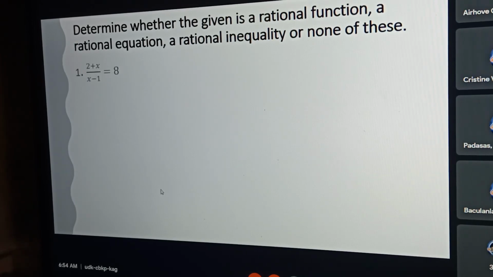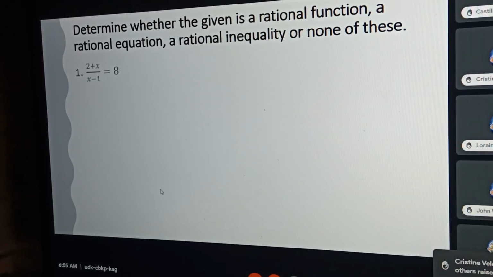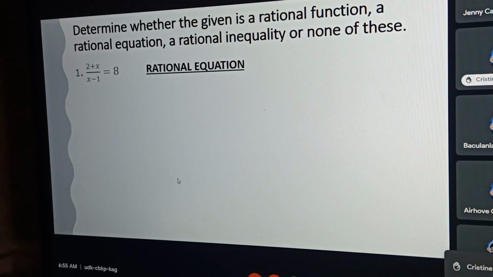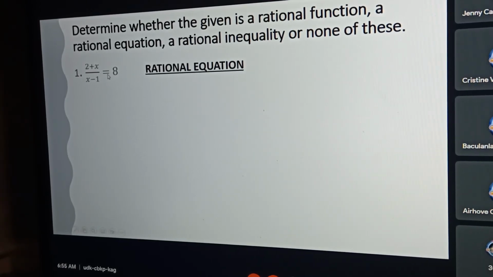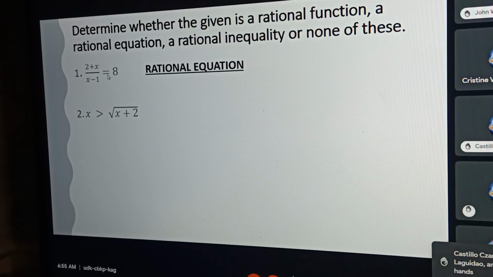Okay, we have number 1. We have 2 plus x all over x minus 1 is equal to 8. Velasco? Rational equation po. That's correct, a rational equation because we have an equal sign here. How about number 2? We have x is greater than square root of x plus 2. Castillo? Rational inequality po.